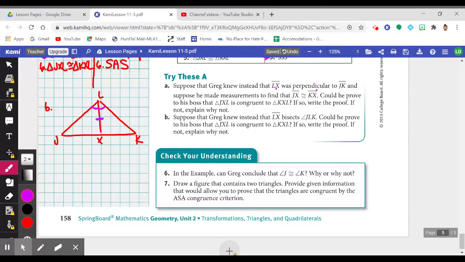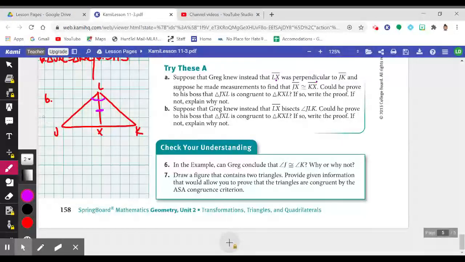Not necessarily. In B, we turn the corner and say, hey, we don't know line LX is perpendicular to JK. So based on what's given, or what we can know from the diagram using the reflexive property, is that enough to justify that the 2 triangles are congruent? The answer is a big fat no, right?